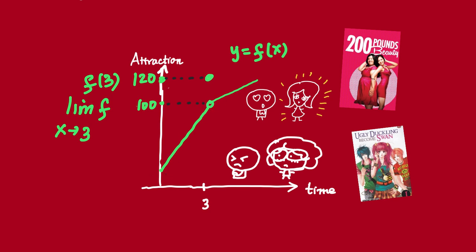And the rest he's pretty consistent. Now, if additionally f of 3 is equal to the two-sided limit at 3, then we say that the function f is continuous at 3. That is, right at this moment, during this third month, there was no abrupt change in his feelings. They were just going with their natural course.